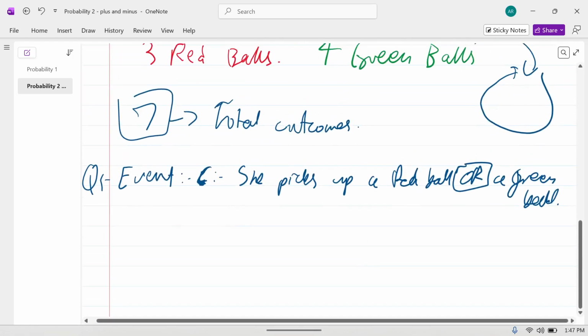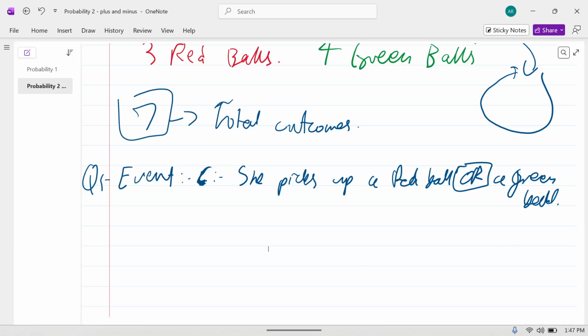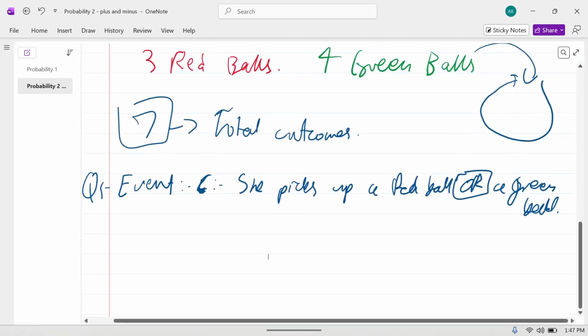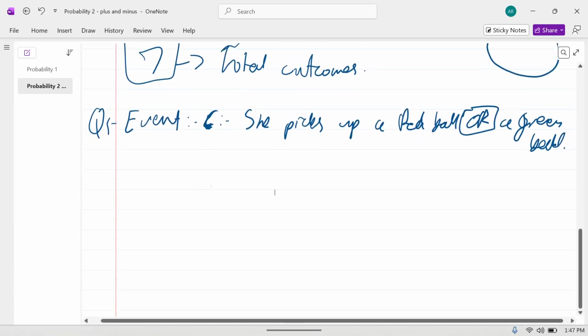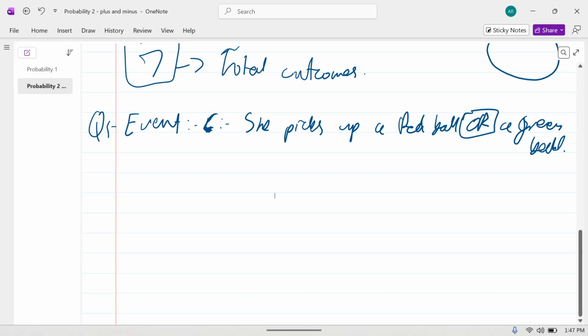Now look, every time you see yourself with an or, you plus the two probabilities, right? You add both of the two probabilities. What I'm trying to say here is that, instead of being confused in this kind of a situation, try to find the probability.